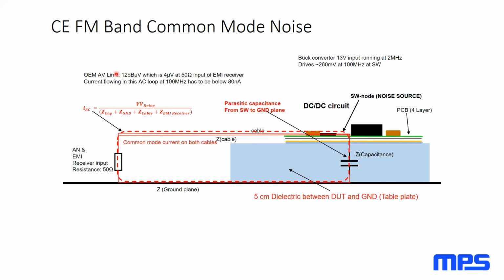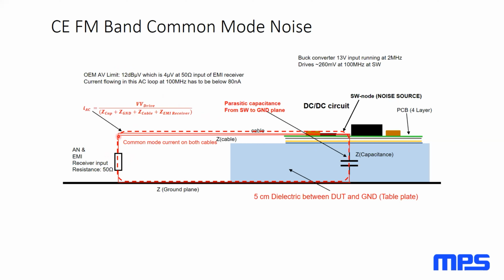We do have some numbers on here. Taking a look at the different limits and different OEMs, the numbers may change from region to region, band to band, OEM to OEM, but 12 dBµV is 4 microvolts at this listen.